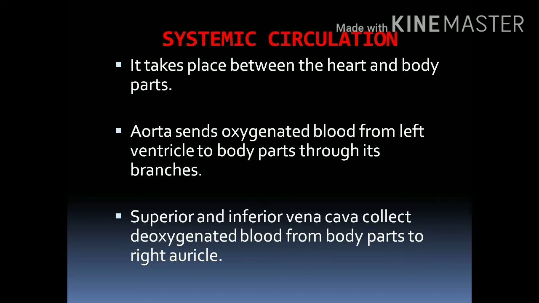At the same time, deoxygenated blood from different parts of the body through superior and inferior vena cava enters inside the right auricle. So this is the circulation of blood between the heart and body parts. So it is the systemic circulation. It is also called general body circulation. It takes a little bit more time.